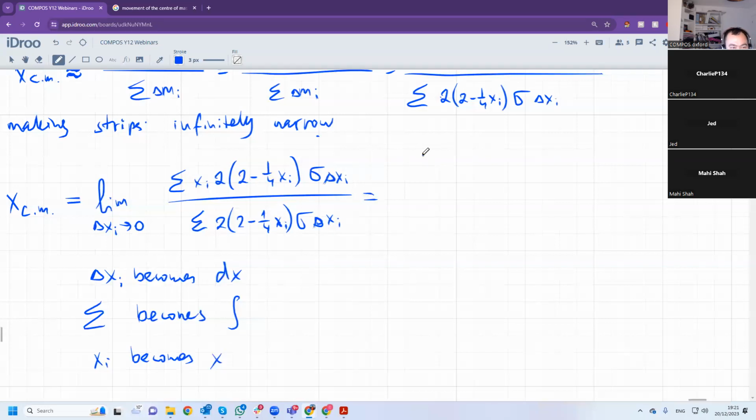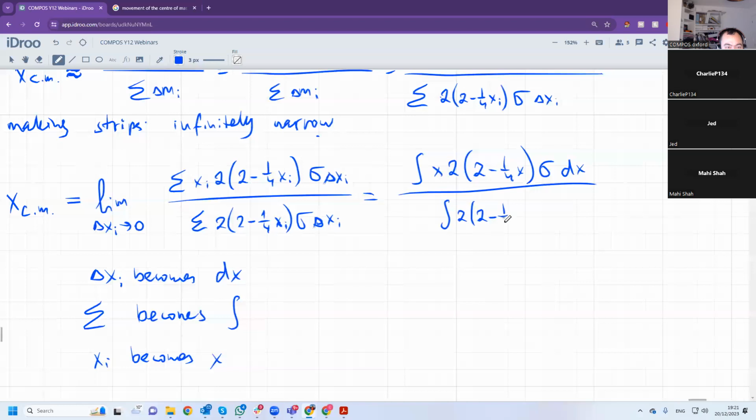So this is equal to the integral of x multiplied by (2 minus a quarter x) sigma dx, over the integral of 2 multiplied by (2 minus a quarter x) sigma dx. Would you look at that?